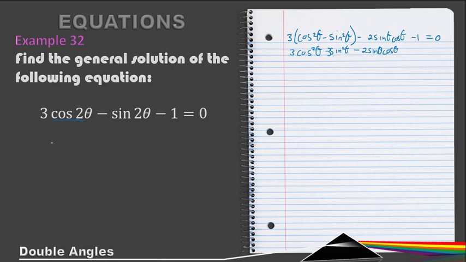Let's say we replace sine and cos with x and y, then it would look something like this. We would have 3x squared minus 2xy and then minus 3y squared. That's just to see if I can factor this, replacing the sine and the cos with x and y.